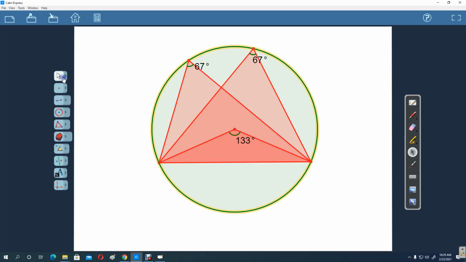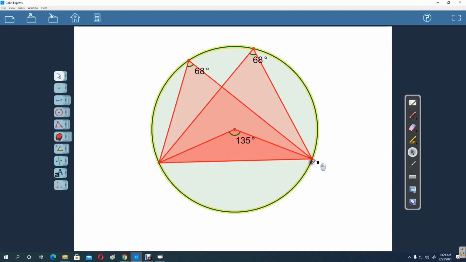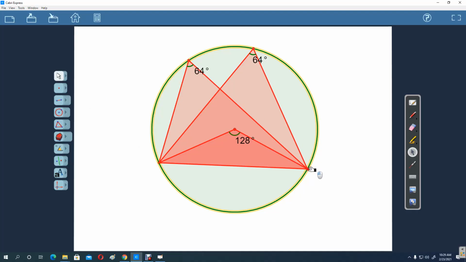Once I start moving it, there's a little bit of discrepancy, but then you will see that it corrects itself. So 64, 64, 128. So the angle at the center is twice the angle at the circumference.